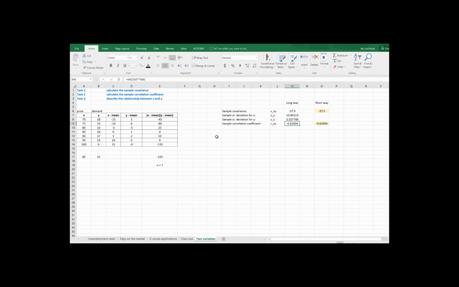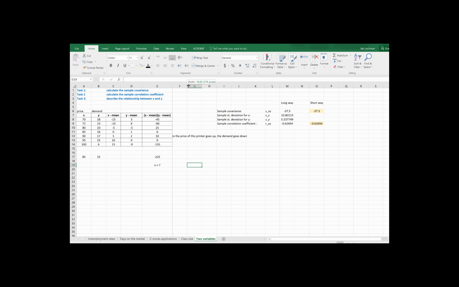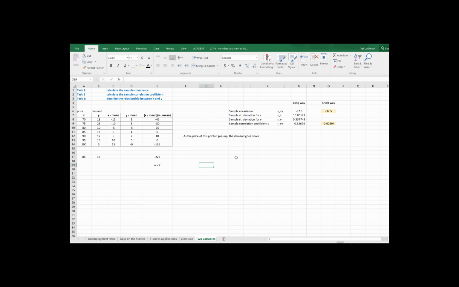So you would say, what is the relationship between x and y? As the price of this printer goes up, the demand goes down. And that makes sense, because as the price goes up, people will not want to buy this anymore, so the demand will go down.